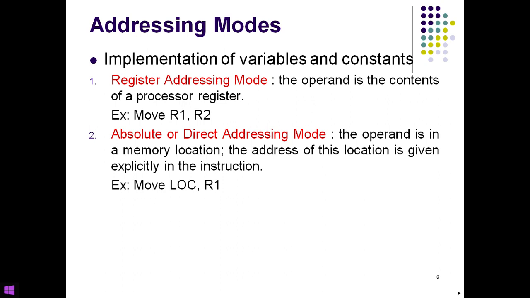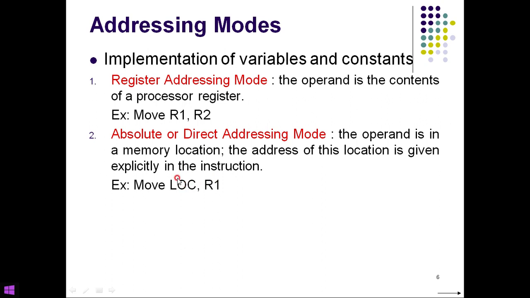What we are doing here is moving the contents of LOC into R1. LOC is nothing but a memory location which we have defined as LOC. Whatever is there in LOC will be copied into R1. We use LOC because we want to distinguish between a register and a memory location.